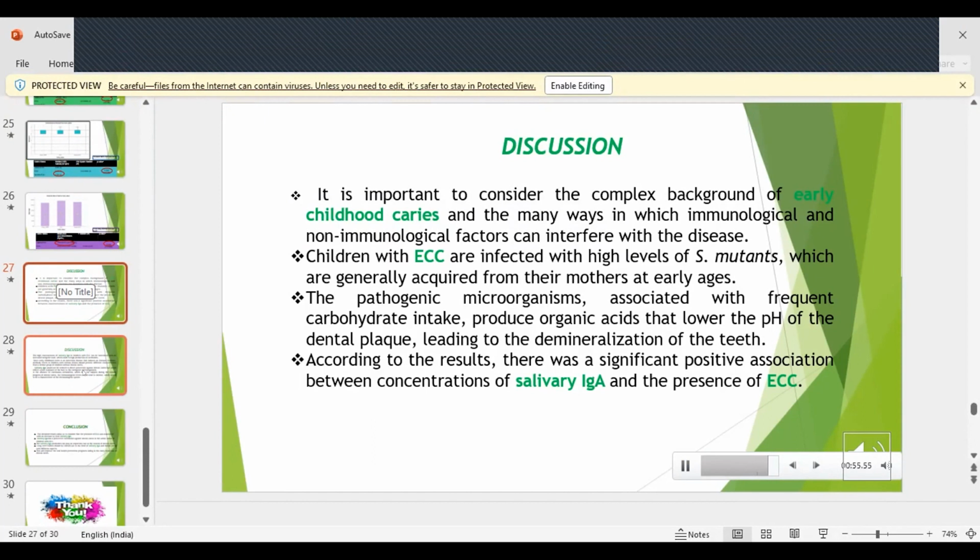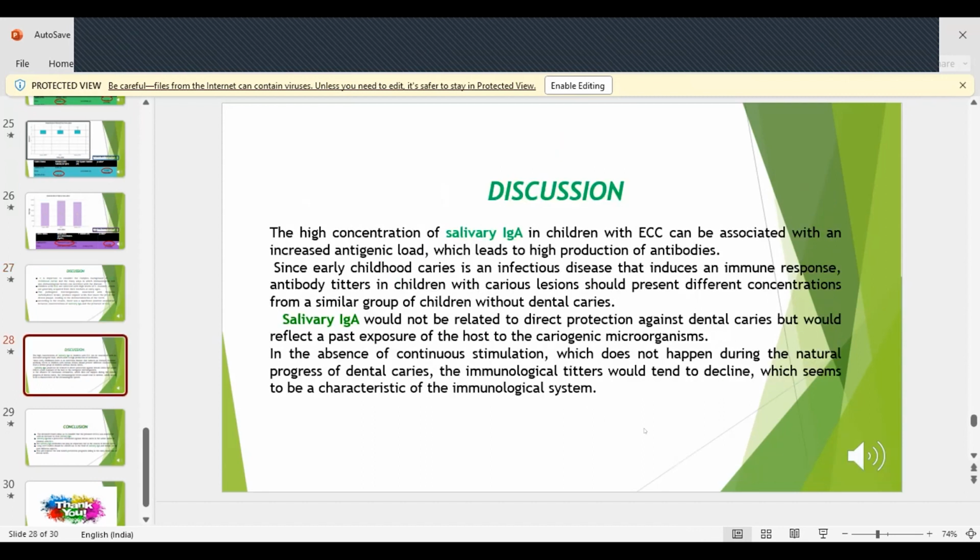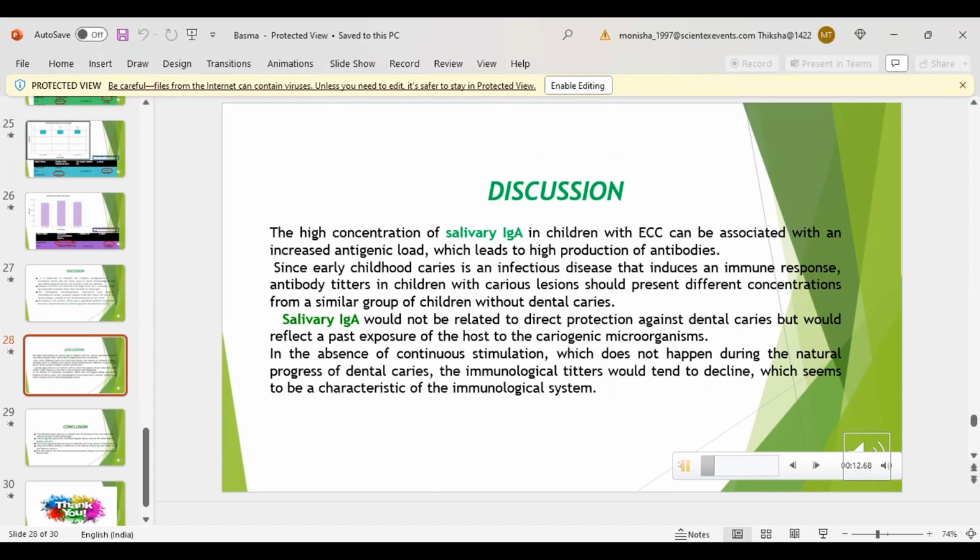According to the result, there was a significant positive association between the concentration of salivary IgA and the presence of early childhood caries. We found that a high concentration of salivary IgA in children with early childhood caries can be associated with an increase in antigenic load, which leads to high production of antibodies.